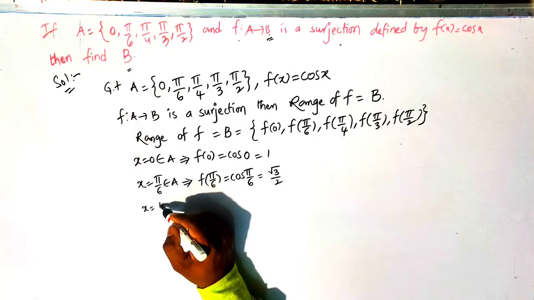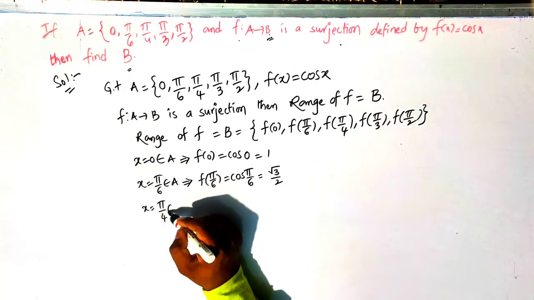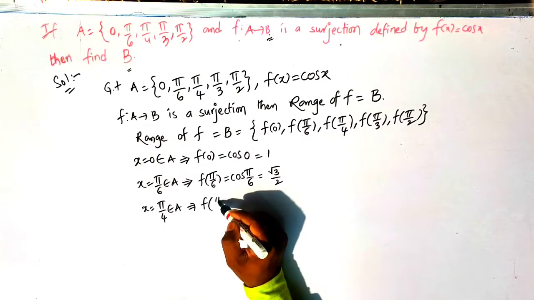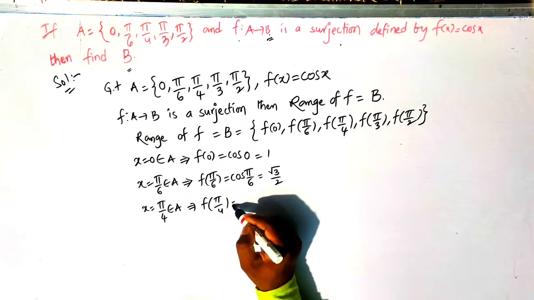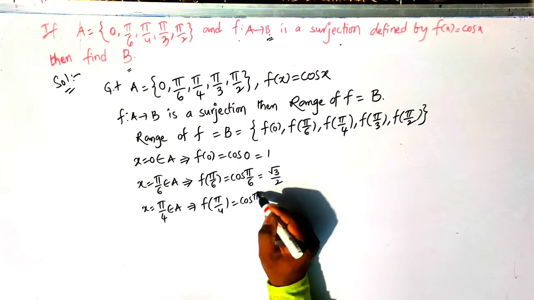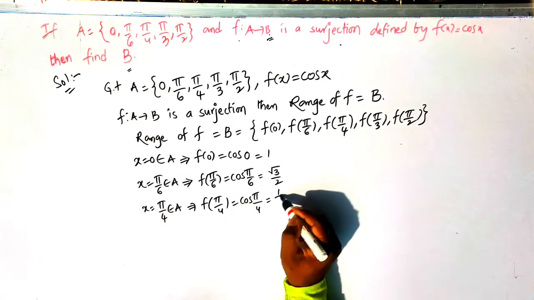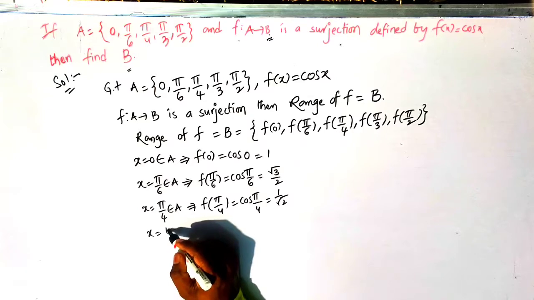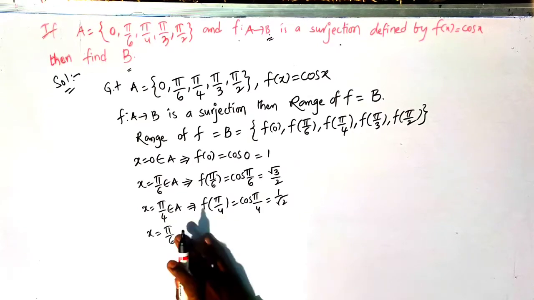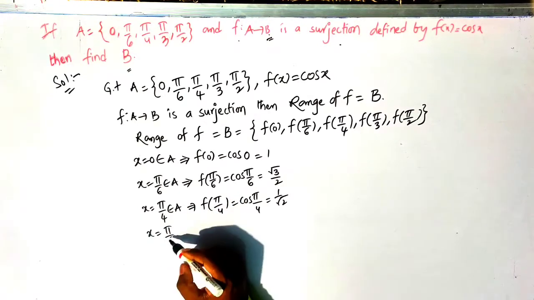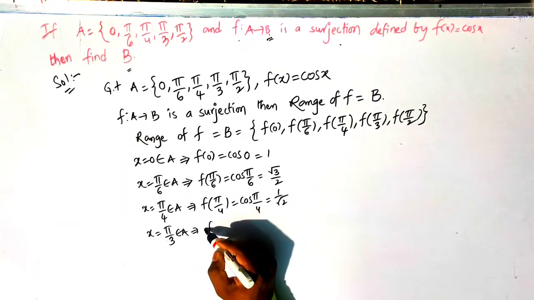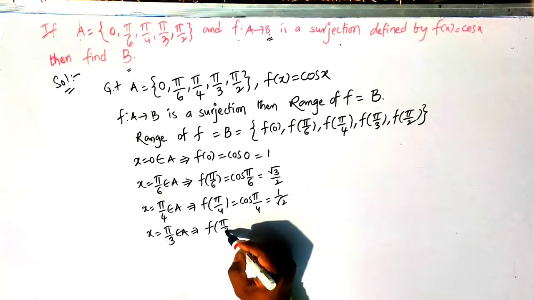x equals pi by 4 belongs to A. f of pi by 4 equals cos pi by 4, cos 45, 1 by root 2. Next, x equals pi by 3 belongs to A. That implies f of pi by 3.